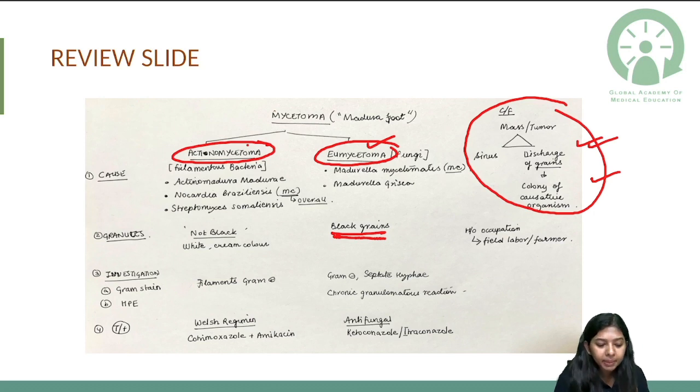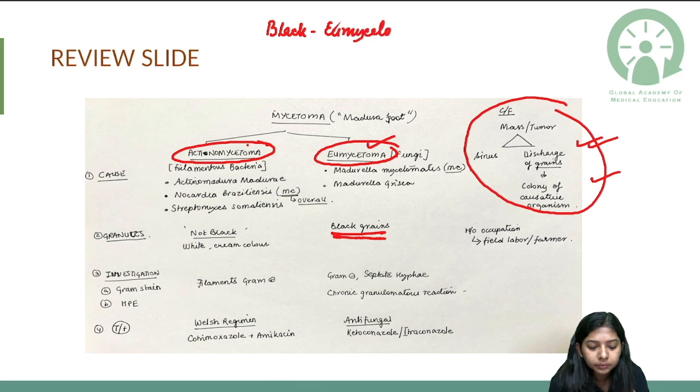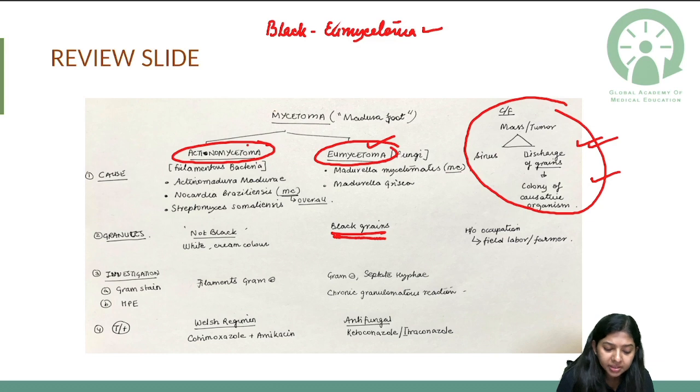Grains will be black in eumycetoma. What is the causative organism? Madurella mycetomatis. Whereas actinomycetoma is caused by Actinomadura madurae, Nocardia species or Streptomyces species.